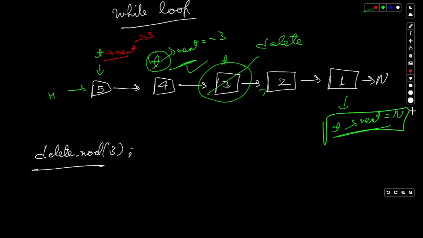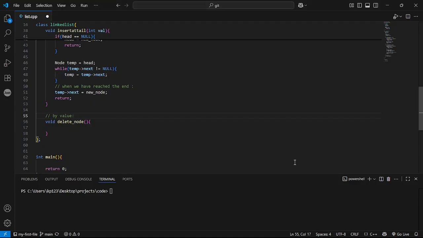Okay, so that's all. We will be having two termination conditions for this while loop. The very first condition will be if temp's next is exactly equal to the value that we want to delete, and the second condition will be if temp's next is exactly equal to null, then we will be terminating the loop.